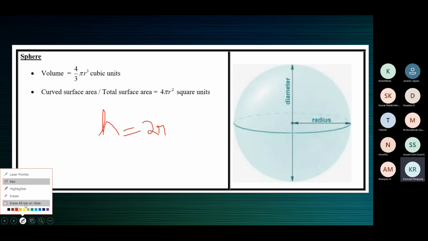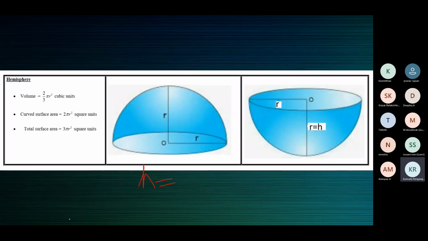In the case of a hemisphere, h is equal to r. Whatever is the radius of the hemisphere will be the height. That's very important. Remember this. Height of a sphere is equal to 2r. Height of a hemisphere is equal to r.